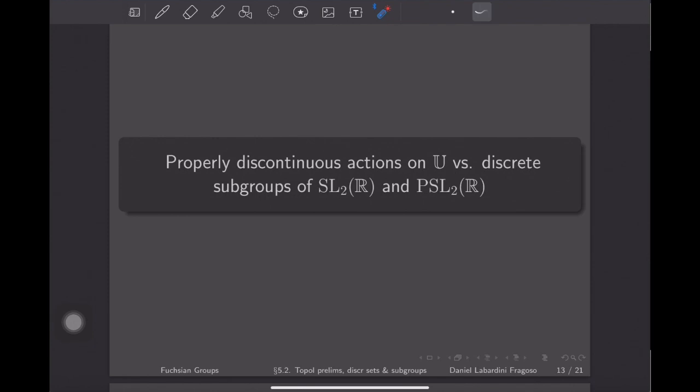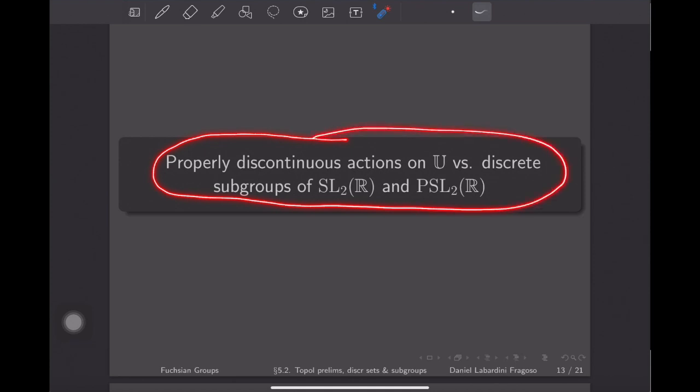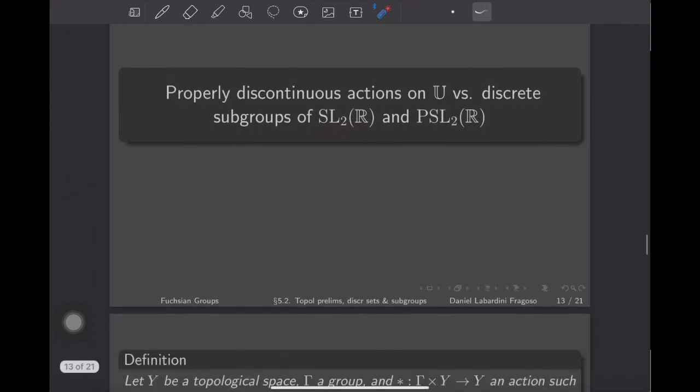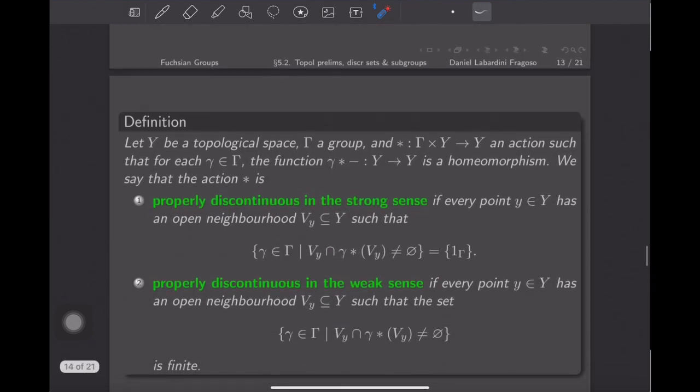Yeah, and then we arrive at the beginning of our study of the property that produces covering maps from U to orbit spaces, U modulo the action of subgroups of PSL2R or subgroups of SL2R. So, definition.